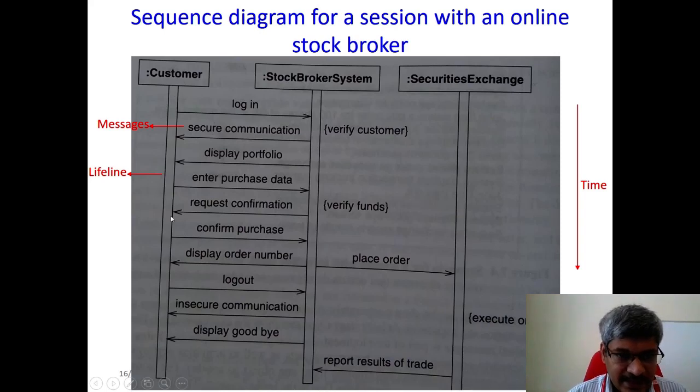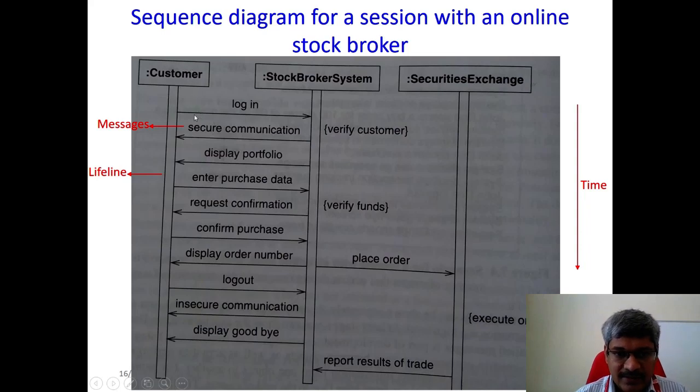And this vertical line with each and every object is called the lifeline. Time is going down, and these are the messages being exchanged between these objects.